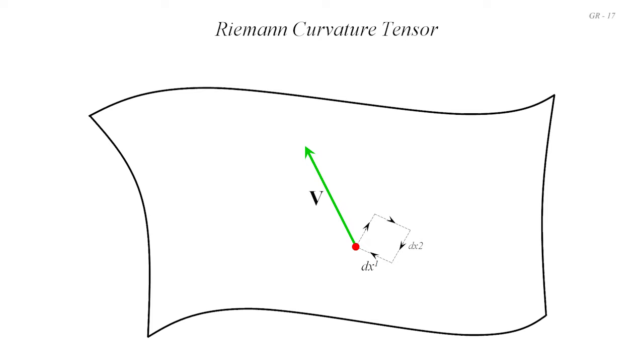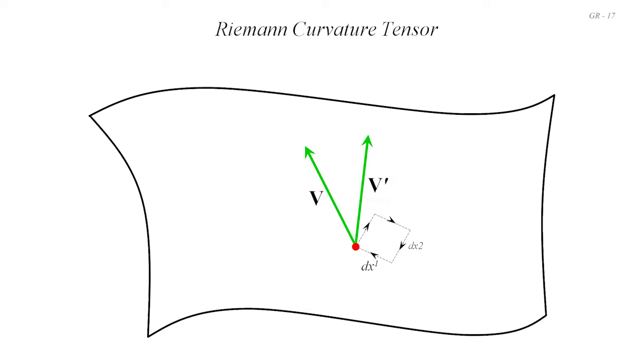You can now see the directions here of the coordinate lines x1 and x2 at the red dot, and this time we're taking the loop as a rectangle rather than a triangle. Once that transport loop is done, we will assume that because the two-dimensional space is curved, then the vector will end up being slightly different, say like this, and we'll label it v dashed.